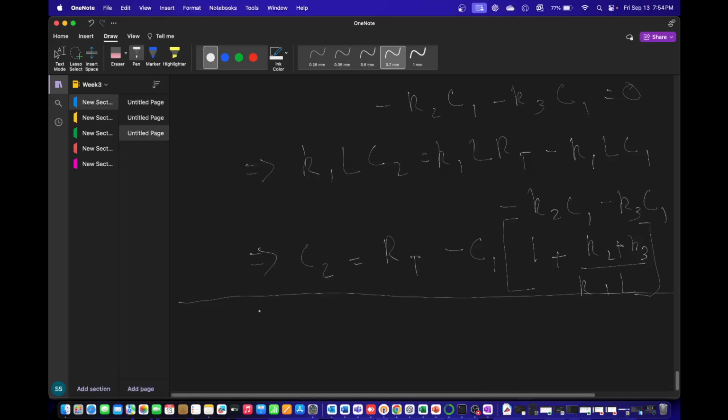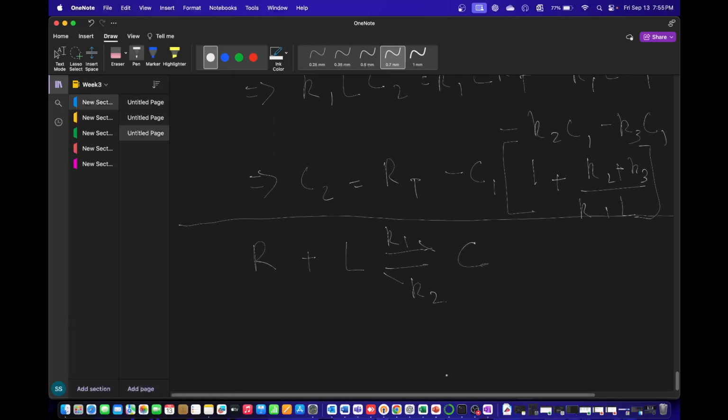So what you have is R and L binding to form a complex. Let's call it C. So R plus L, in a reversible way, forms the complex. There is a forward rate and a backward rate. Both rate values are given.